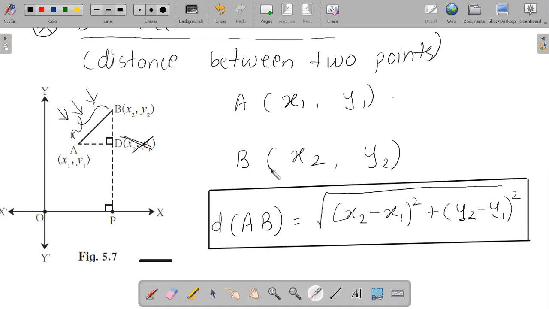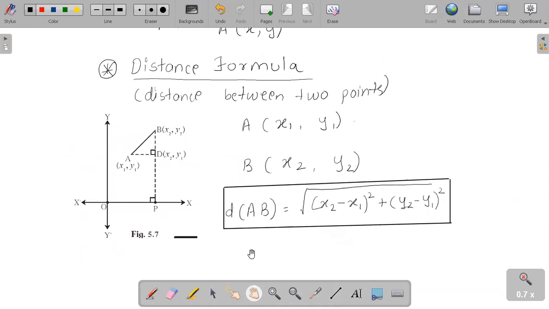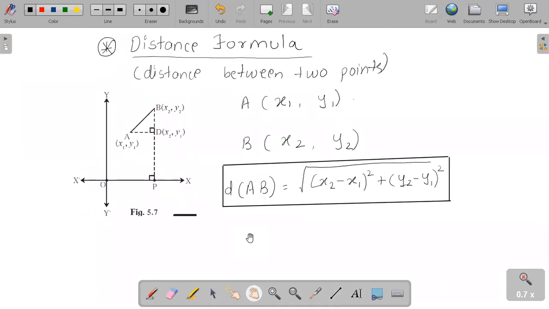Okay, write down the distance formula. Once you're done writing, just let me know. Our entire chapter is based on this very basic and very important formula.